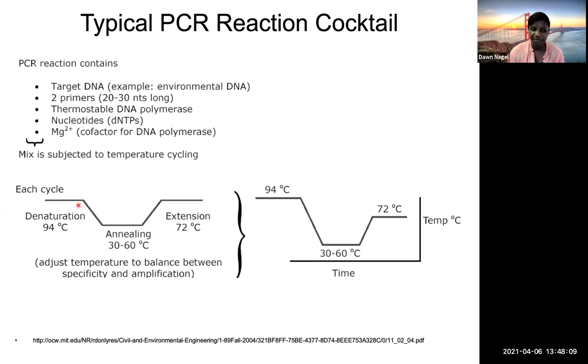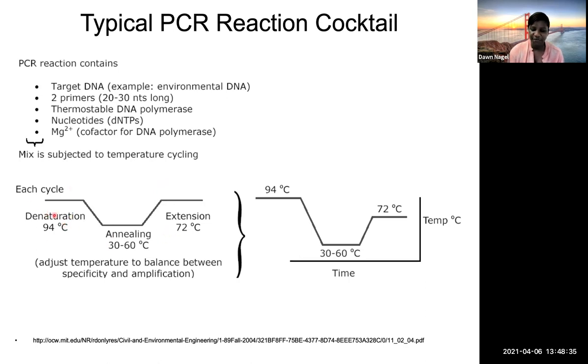The first step in your PCR reaction is denaturing. You need to denature your DNA so that your primers can anneal to that single-stranded DNA. Your primer is single-stranded, you need another single-stranded DNA so that your primers can anneal. And DNA polymerase can start extending that region where the primer is annealed, okay?